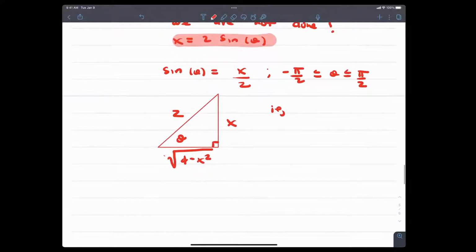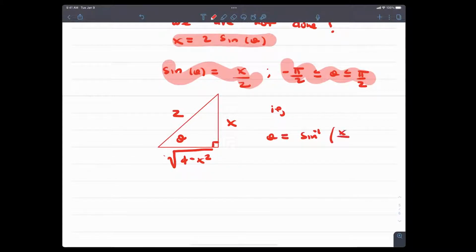It means sine is invertible here. Sine is invertible here. So using these two pieces of information, what that means is theta is going to be inverse sine of what? x over 2. Because the function's 1 to 1. You guys know what I mean?